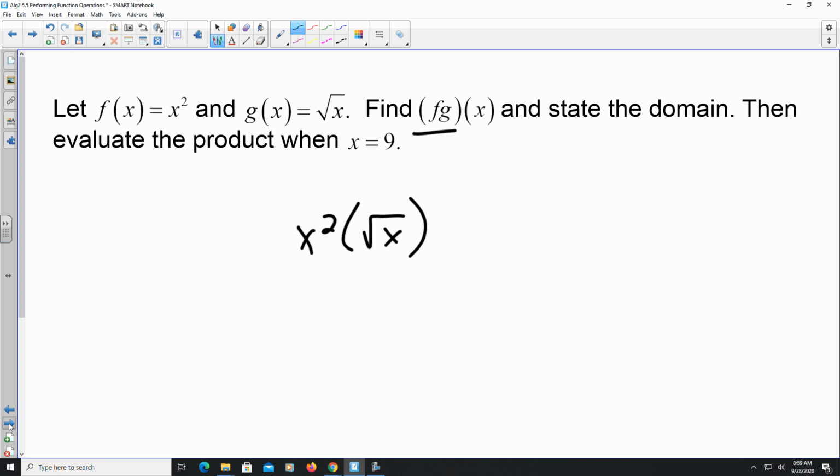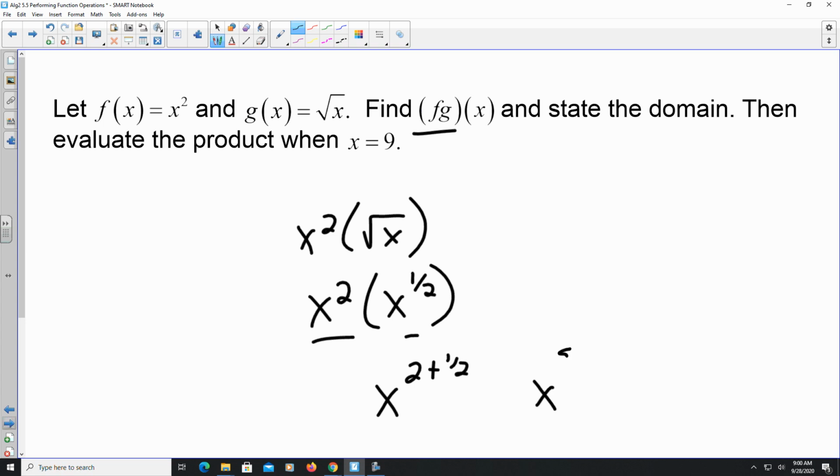So essentially what I would do is rewrite this as x squared times x to the 1/2, because they have same base values, so then I can just add the exponents. 2 plus 1/2 is 5/2. So I got x to the 5/2 power.